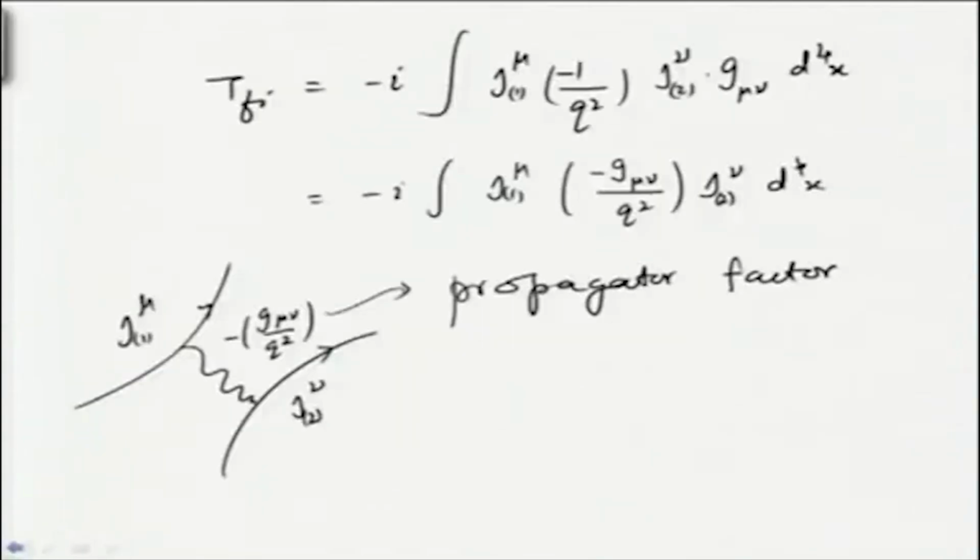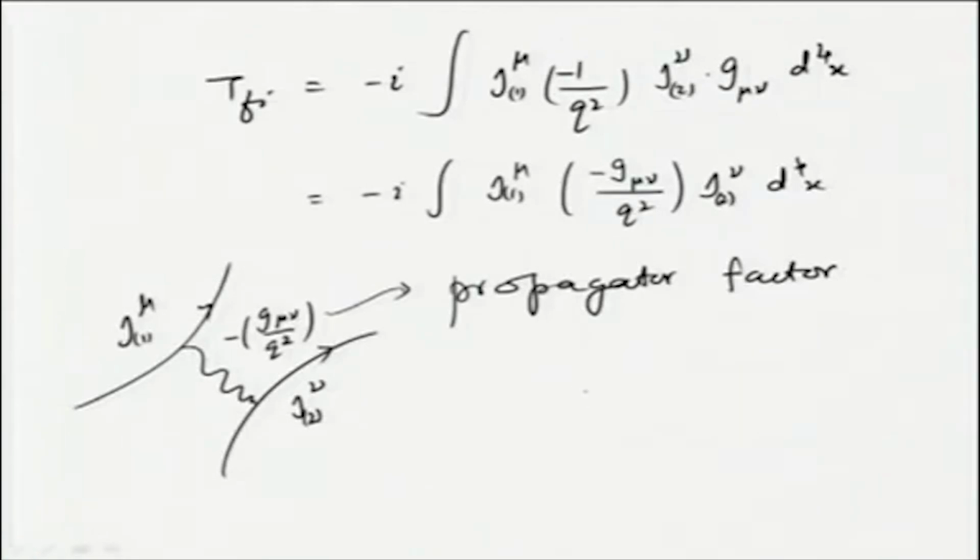So, we have in T f I a current J1 interacting with another current J2 through a propagator, and you sum over all the possible values of x corresponding to this, and then that will give you the transition amplitude.